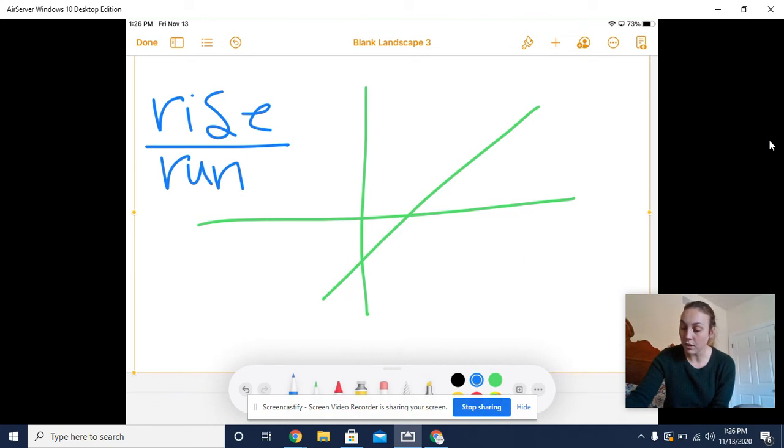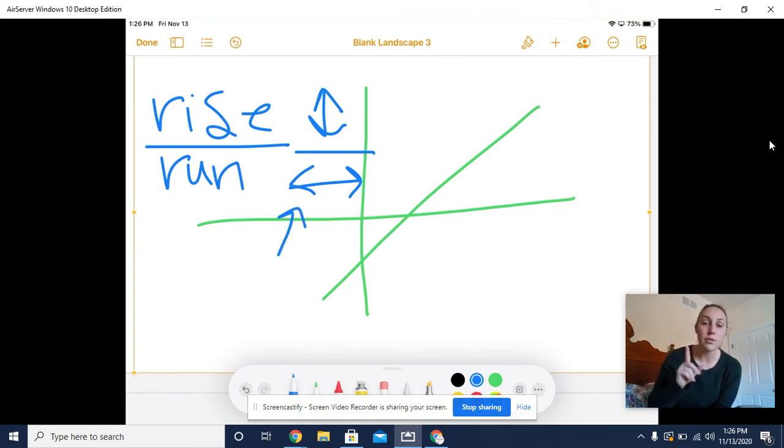So you're going to figure out what it does vertically over what it does horizontally. And again, we always read from left to right, so that will be our denominator. The first step is you want to find the first point, and then you want to find another point on that coordinate plane.